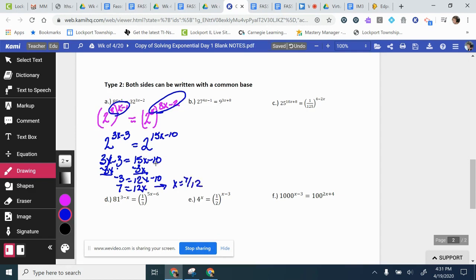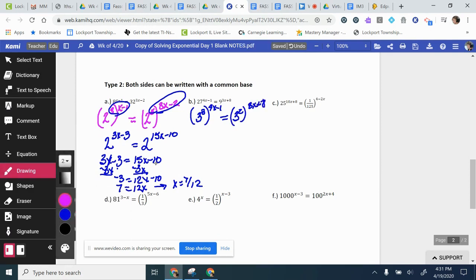I cannot write 27 as a power of 9, but I can use a smaller base for each of these. 27 is 3 cubed, and 9 is 3 squared.